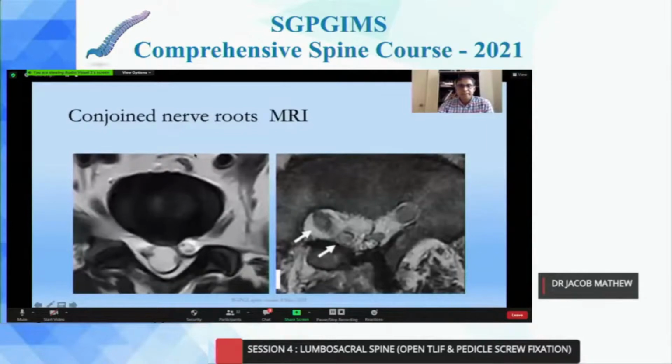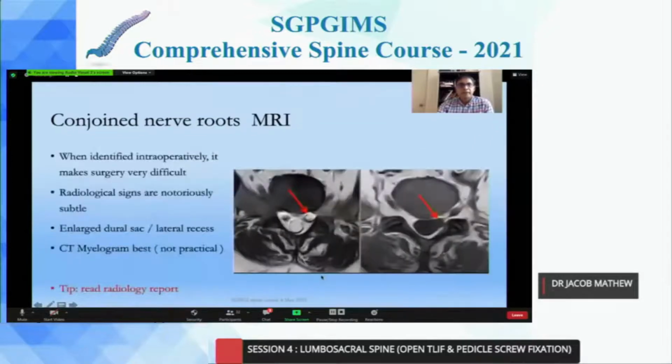Conjoined nerve roots are not as apparent preoperatively. Radiological signs are quite subtle, and you can have significant difficulty when you identify them intraoperatively.